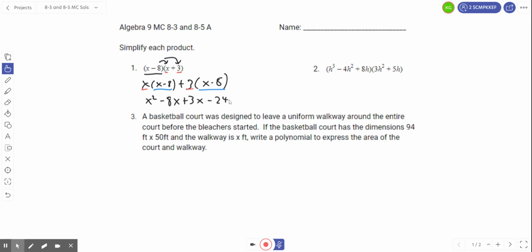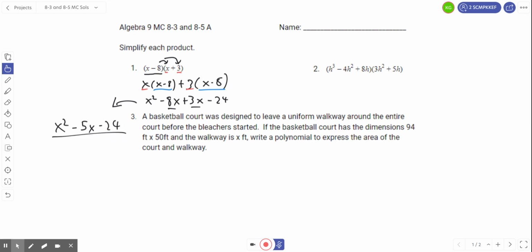Finally, when I combine like terms, I'm going to write my answer over here because I'm running out of room. I can combine the two middle terms, the negative 8x and the 3x. So my final answer is x squared, and when you combine negative 8 and positive 3, you get negative 5x, minus 24.